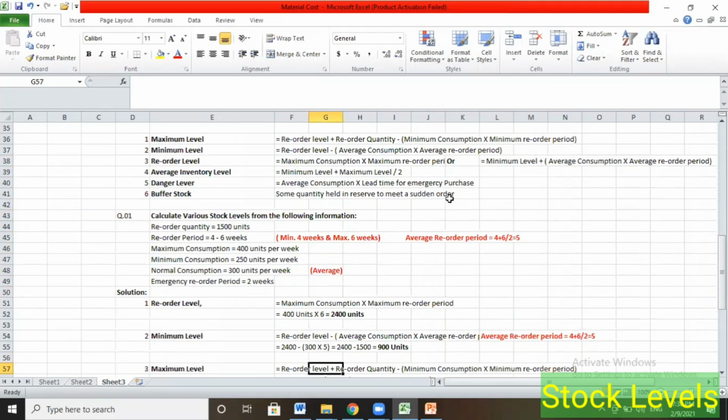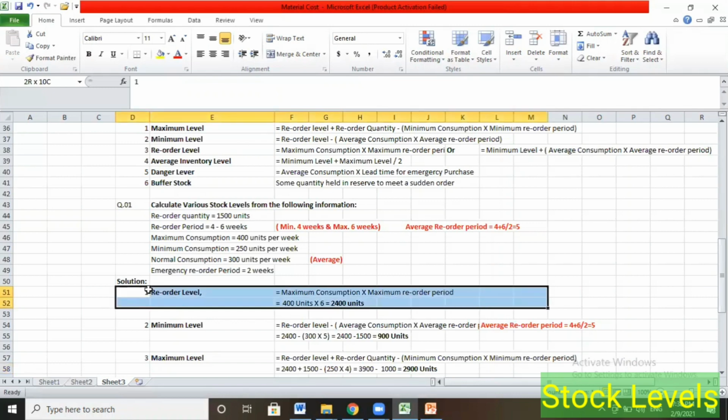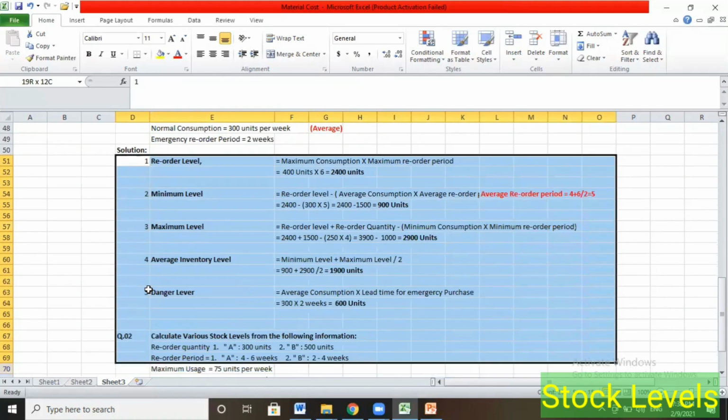There are 6 stock levels we need to understand, and we are focusing on the formulas. It's a formula based illustration. First is the maximum level. The formula is reorder level plus reorder quantity minus minimum consumption.